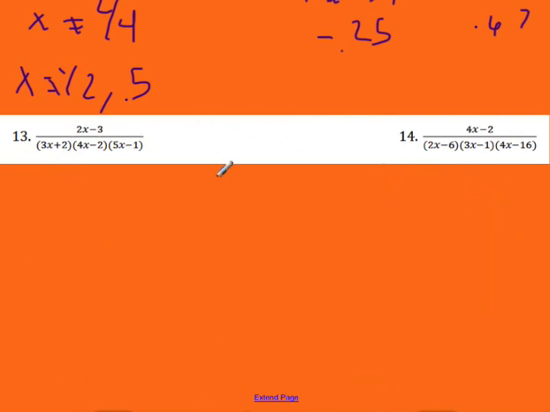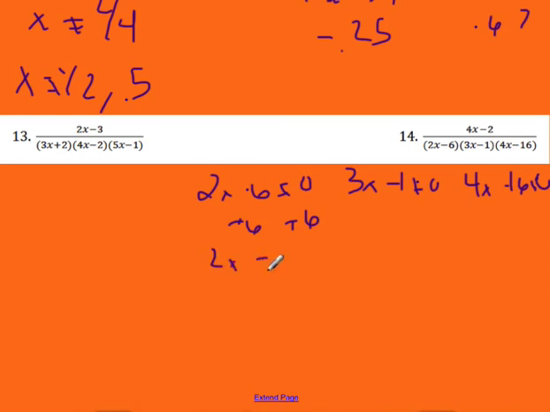So for number 14, I have 2x minus 6 is not equal to 0, 3x minus 1 is not equal to 0, and 4x minus 16 is not equal to 0. So for the first one, I'm going to add 6 to both sides, and then I get 2x is not equal to 6. Divide both sides by 2, and I get that x is not equal to 3.